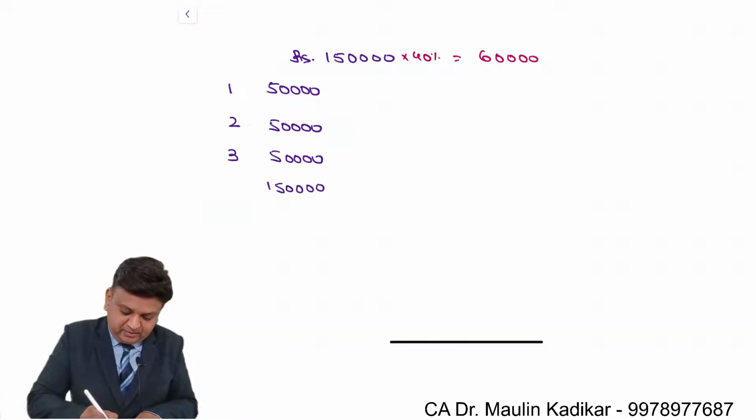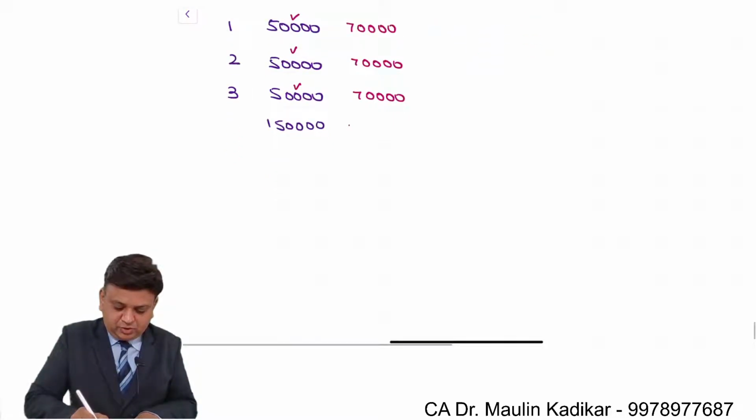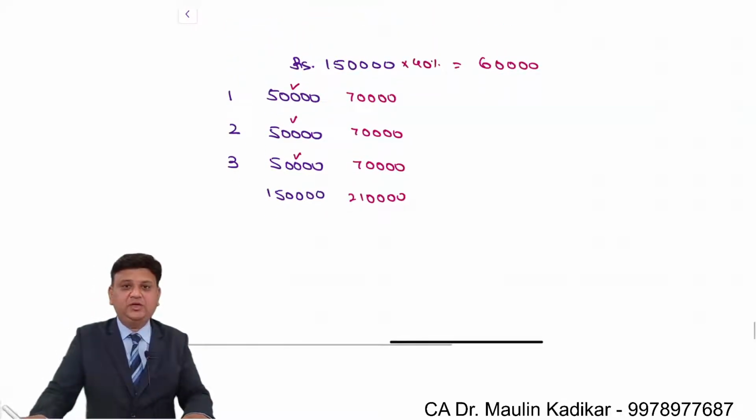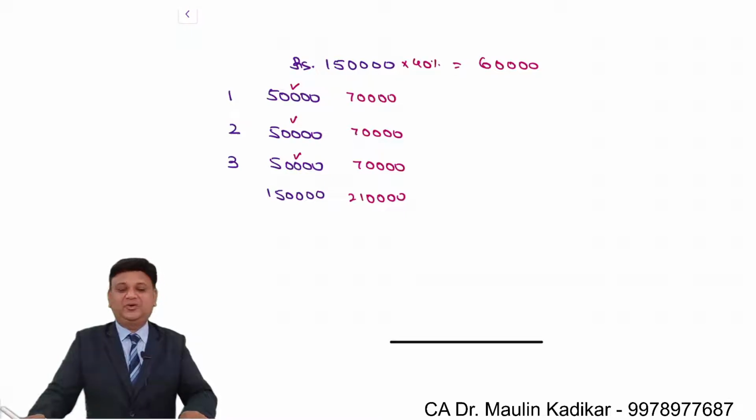So what will happen? Instead of 50, you will have investment of 70, in each of the three securities. So the total amount is going to be 2,10,000. This is the way you are going to have the investment: 1,50,000 plus 60,000, that in total 2,10,000.